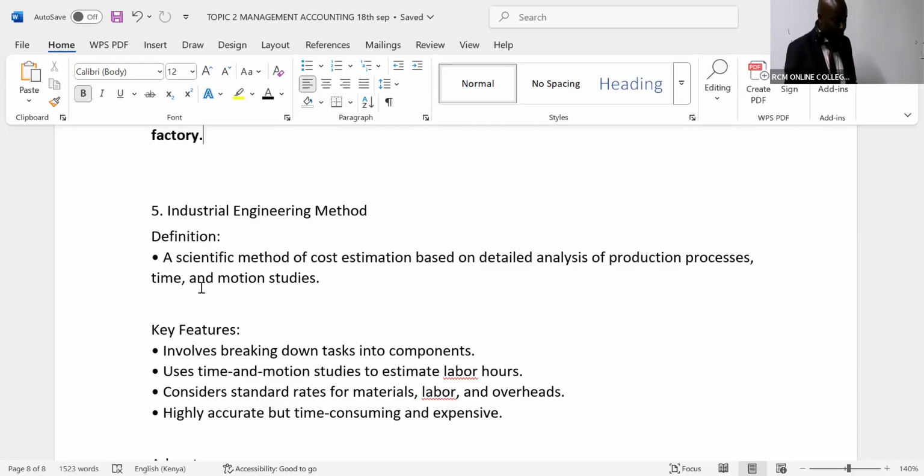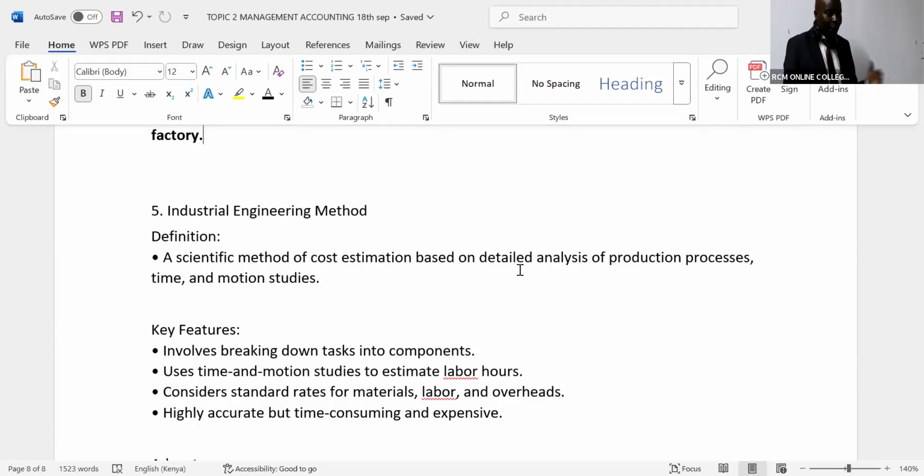It's a scientific method of cost estimation based on detailed analysis of production processes, time and motion studies.